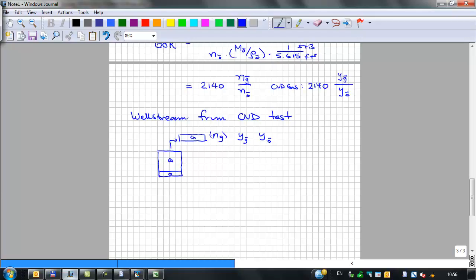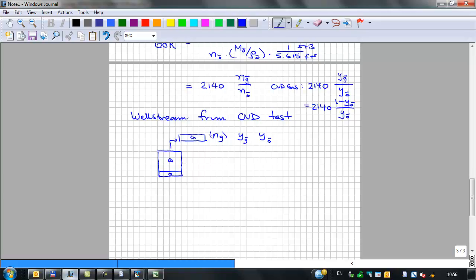So all we need to have printed from our experiment is really the mole fraction of either the surface gas or the surface oil, because you can just rewrite that as 2140 times (1 minus YO) over YO. On the equation 2140 NG by NO, did you miss molecular weight divided by density?